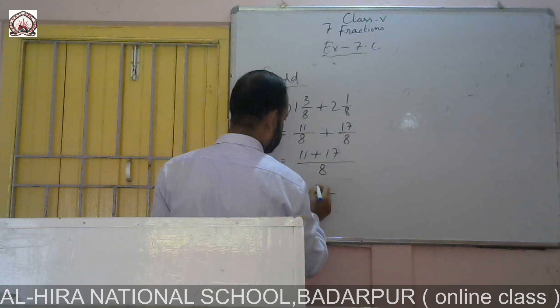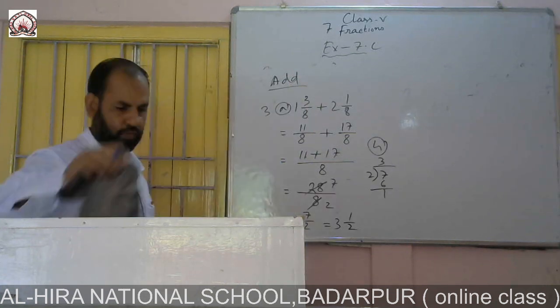We cut by 4. 4 7 jar 28 and 4 2 jar 7. 7 by 2. So if we make it a mixed fraction, then it comes 2 3 jar 6, remain 1. 3 1 by 2.